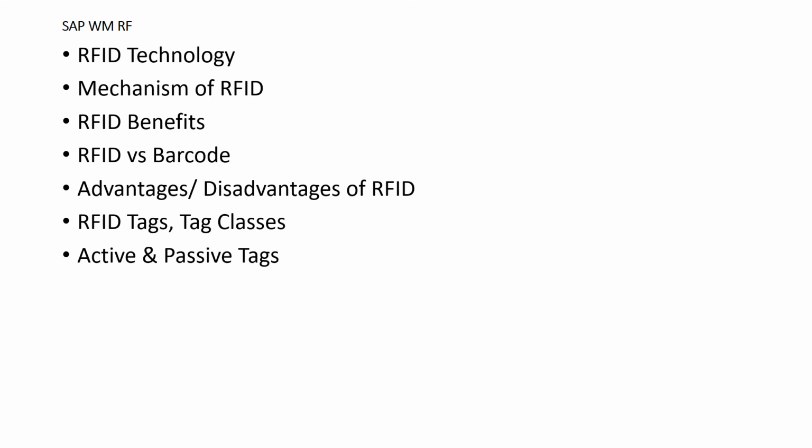So passive tags use the reader field as a source of energy for the chip and for communication from and to the reader. These are the electronic parts, but I think it is good to know for SAP consultants while implementing RFID technology in their client space.